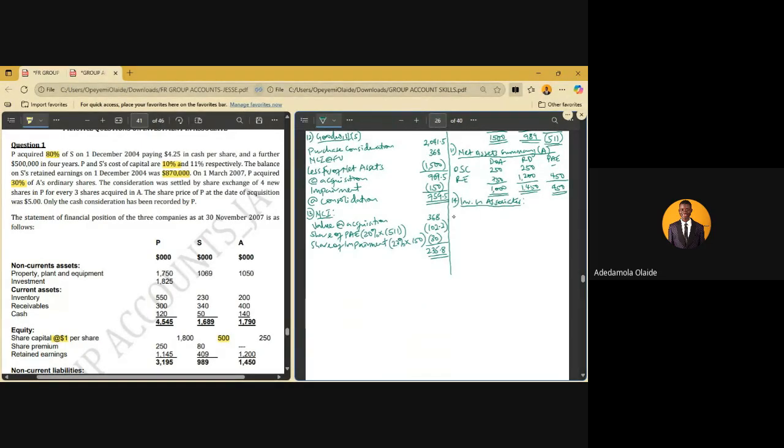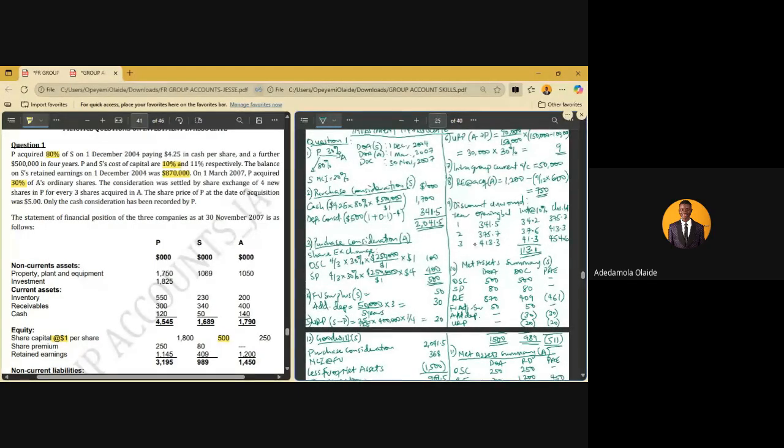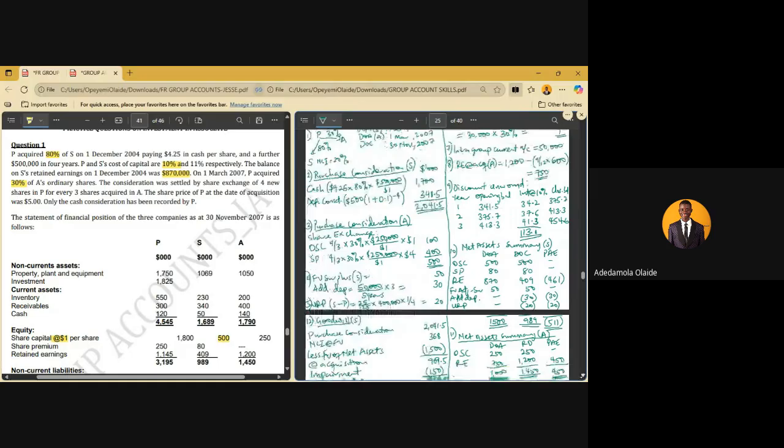We will have purchase consideration or cost. What is the purchase consideration? Calculated it earlier to be 500.